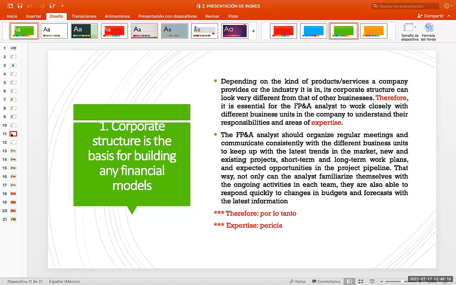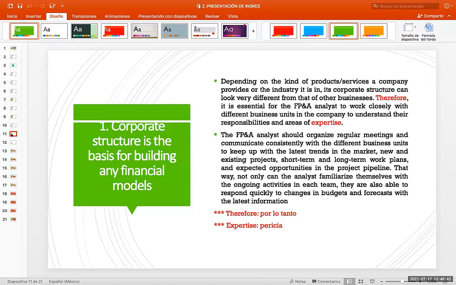And these slides show us again the importance of the type of structure that we get when we have a company. The structure is important because it's the basis for building any financial models.